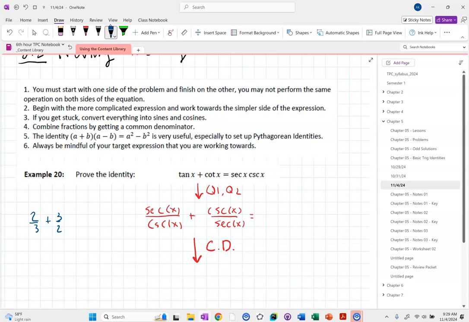So the first fraction, I need to multiply the top and bottom by secant over secant. And the second fraction by cosecant over cosecant.